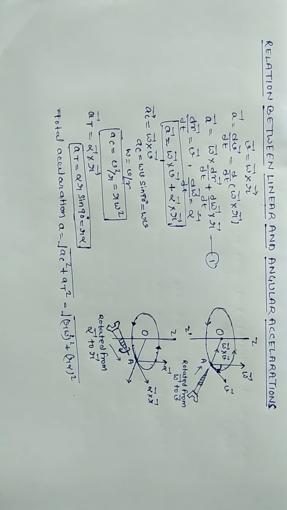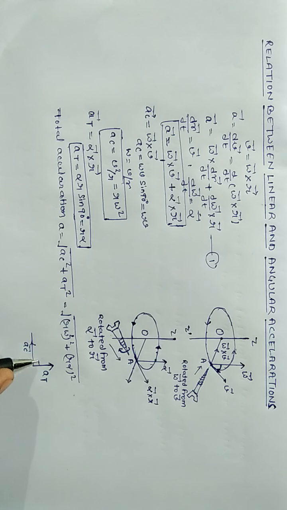If the total acceleration of the object, here you can see at is in this direction and ac is along the radius, so the angle between them is 90 degrees.